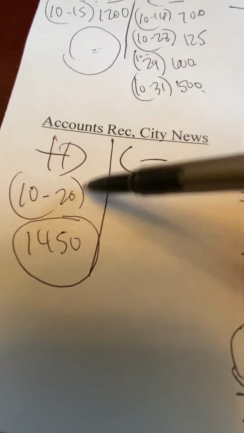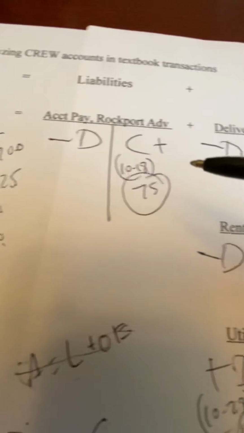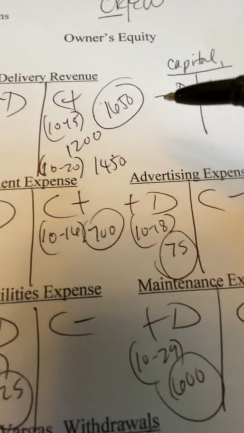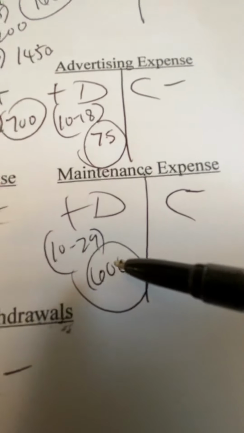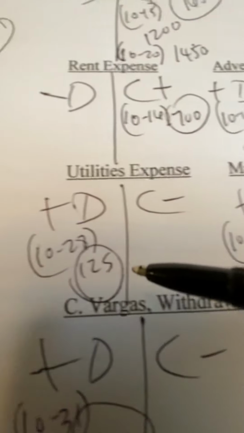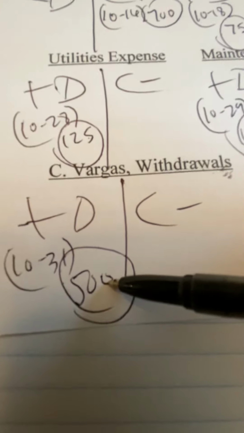And then I'm going to go to this debit balance. I'm going to add that to the calculator. I'm going to go find any other debit numbers. There's a 75 I'm going to add together, a 600 I'm going to add together, a 125, and a 500. Whatever number I get, I'm going to put here underneath the D for debit balances.